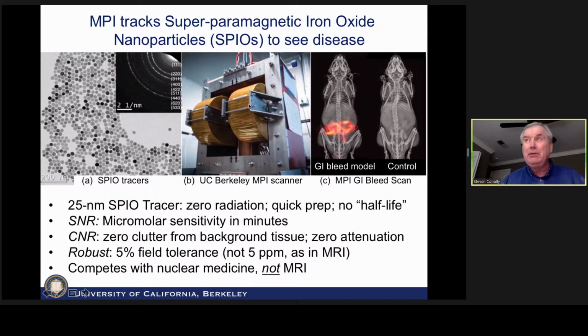We had to build our own MPI scanner. Now you can buy them from 2 companies, but we had to build them when we started on this 10 years ago. And the excitement is really illustrated right here with this GI bleed model versus a control animal. You can appreciate this red hue showing the extravasation of particles injected into the tail vein, and you can see them extravasating from this gastrointestinal bleed.